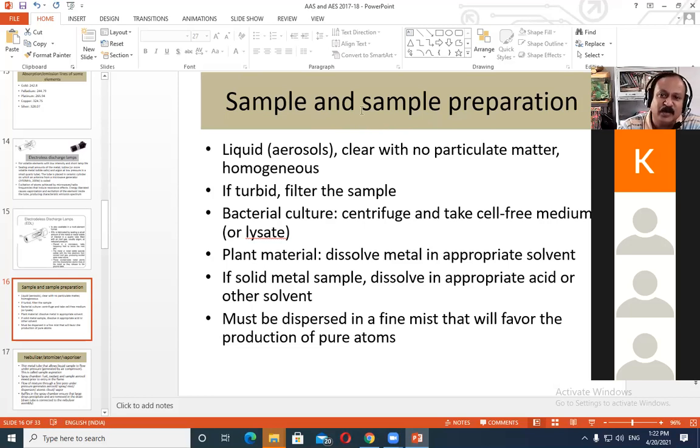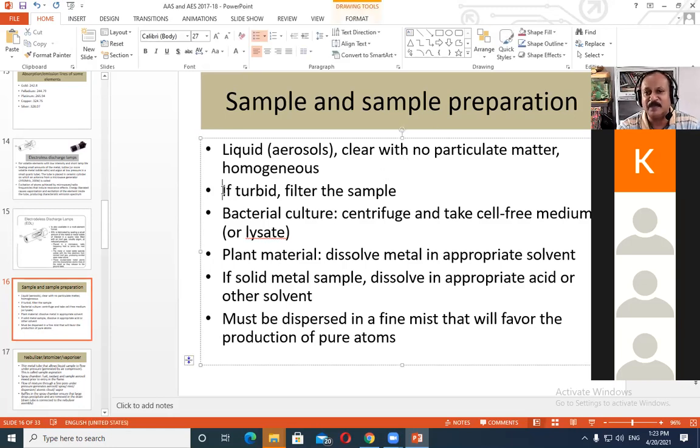If you want to analyze gold, for example, then you will have to dissolve it in aqua regia, dilute that solution with water so that it will be in a particular range of concentration, and then this liquid sample or a solution of that particular metal is used for analysis using atomic absorption spectrophotometer.